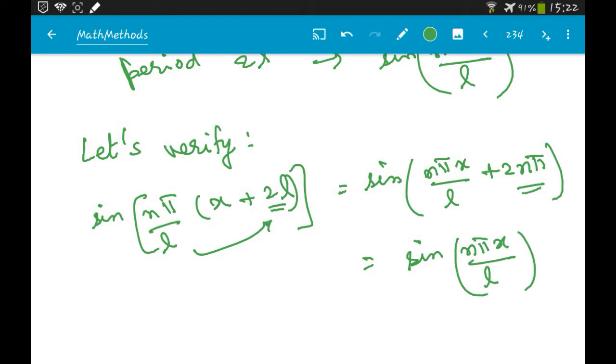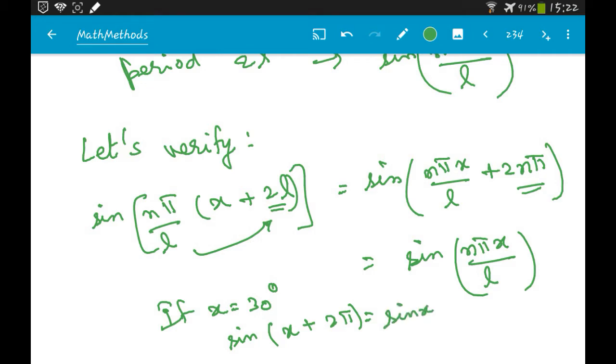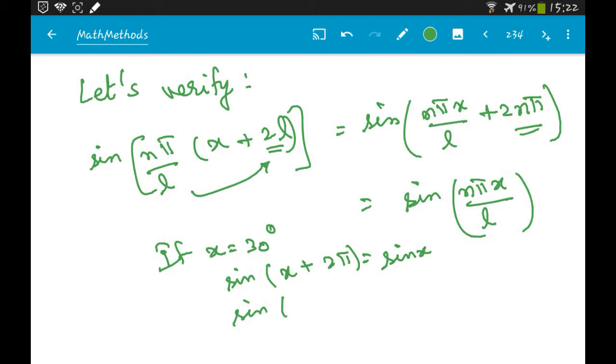Because if x is 30 degrees, then sine of x plus 2 pi is also the same as sine x. Sine of x plus 4 pi is also the same as sine x.